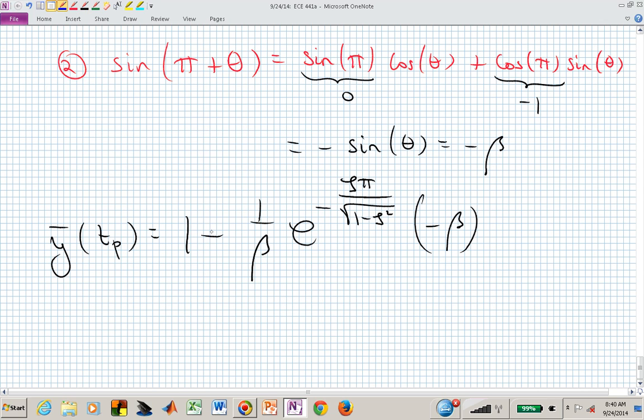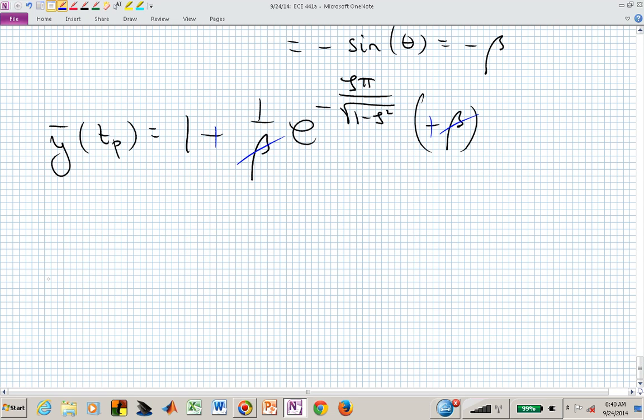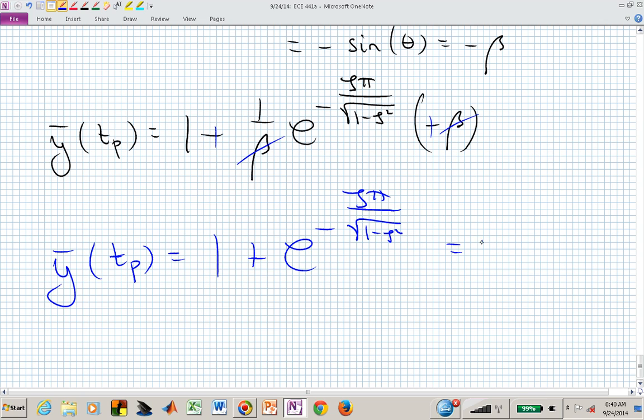This negative cancels, that beta cancels. Now we have our peak equaling 1 plus e to the minus zeta pi over the square root of 1 minus zeta squared. And that we call y bar sub p. That has a zeta in it. It only has a zeta in it, and it's y bar of p.